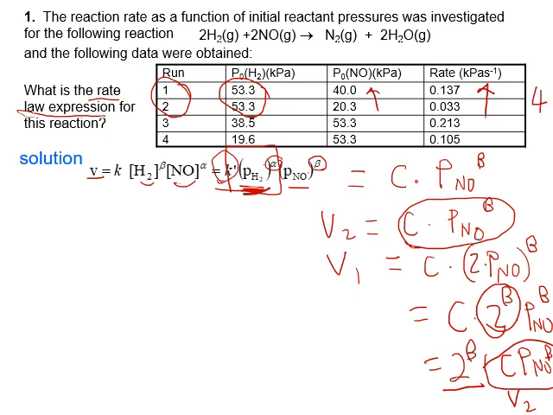That means 2 to the beta's power should equal 4, and beta must be 2. So for nitrogen oxide, it's a second order reaction. We keep hydrogen constant, and we find out nitrogen oxide is a second order reaction.